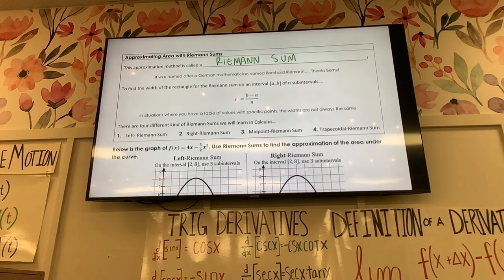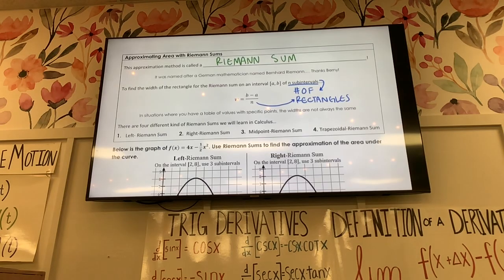The first thing you're going to want to do when you are calculating the left or the right Riemann sum is figure out the width of your rectangles. And that is determined by how many rectangles I want, or how many subintervals. Once again, n is the number of subintervals, which is the number of rectangles.